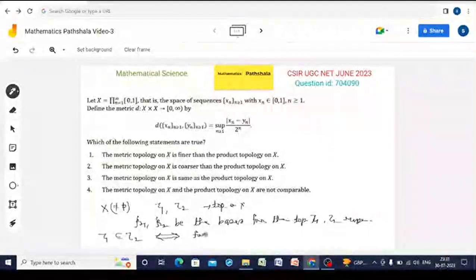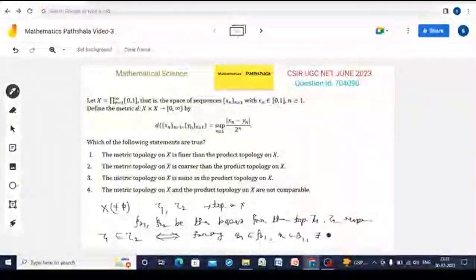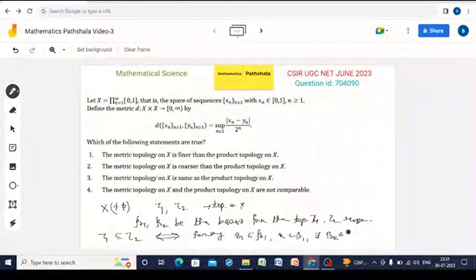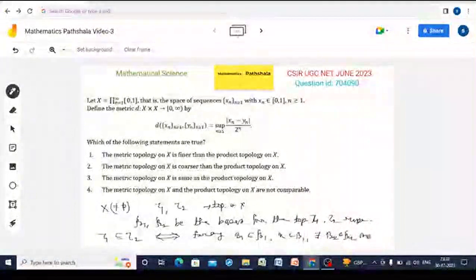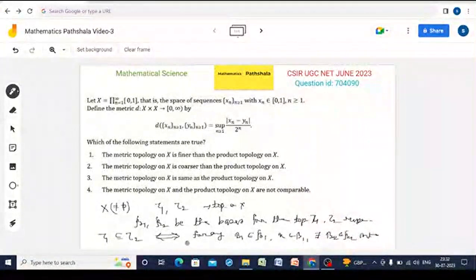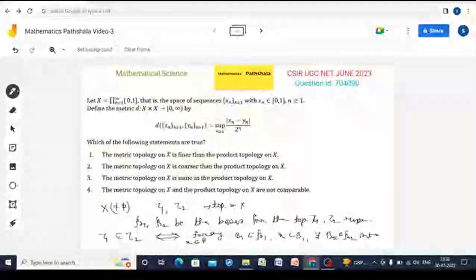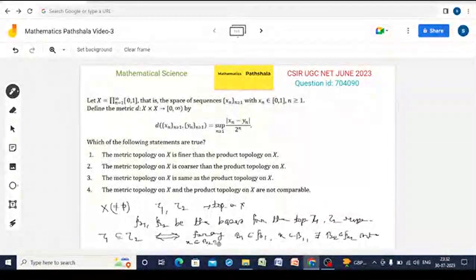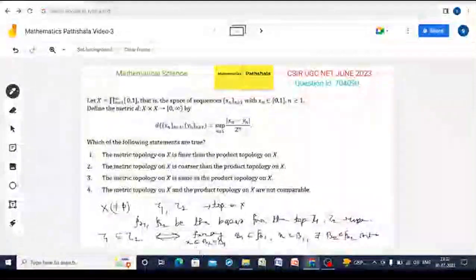for any B1 belongs to script B1 with x belongs to B1, there exists a member, say B2 belongs to script B2, such that x belongs to B2 subset of B1.